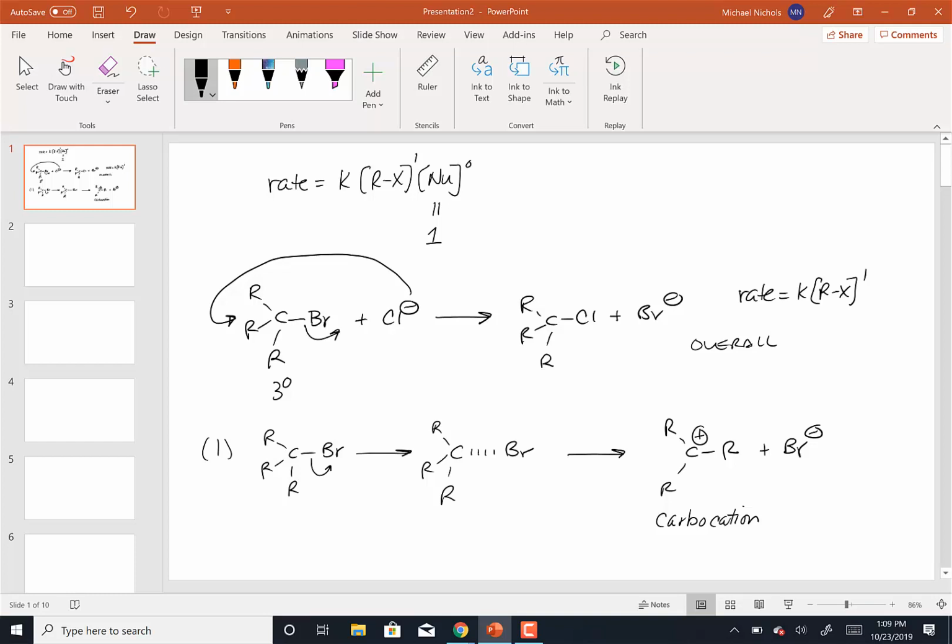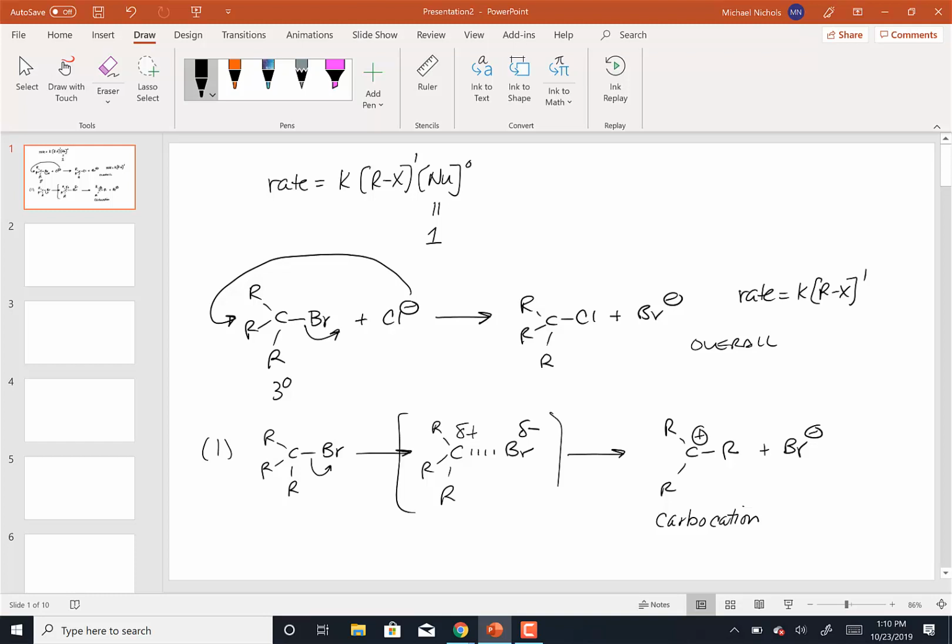So you could average this out: carbon-bromine bond, no carbon-bromine bond, average, partial carbon-bromine bond. Then we need to do charges. Carbon 0, carbon +1, average, delta plus. Bromine 0, bromine -1, bromine's average, delta minus.